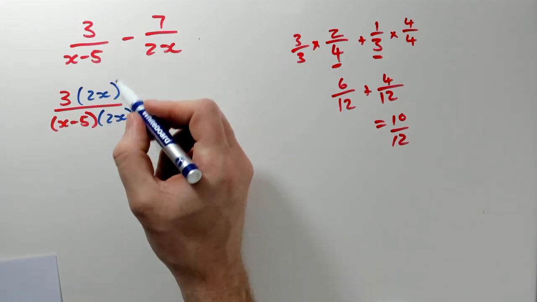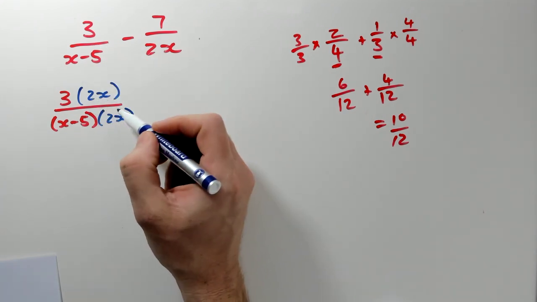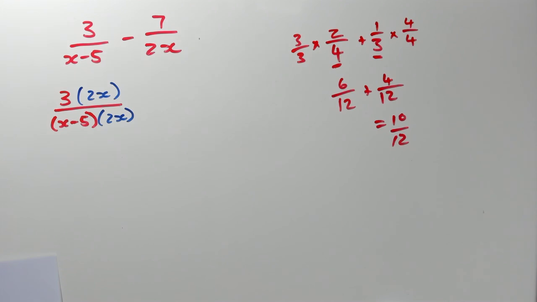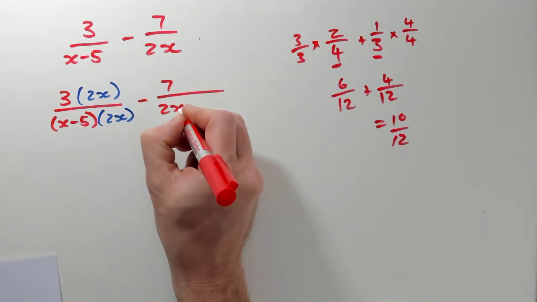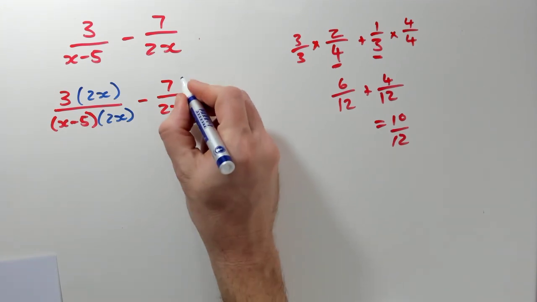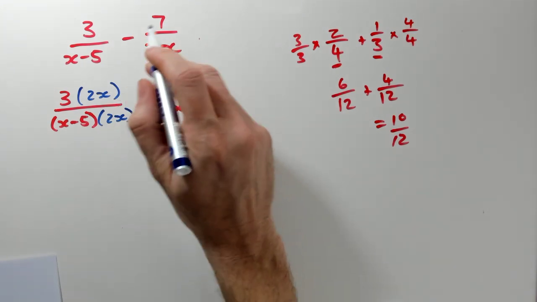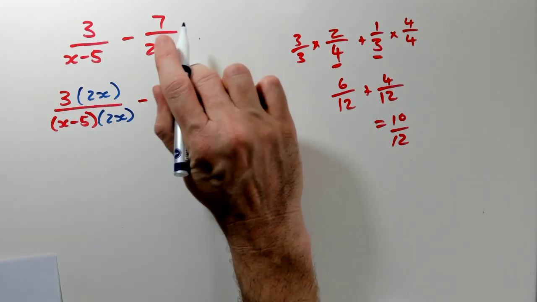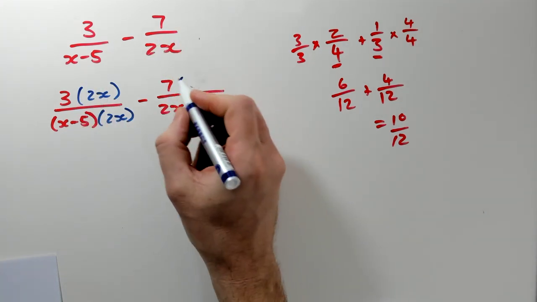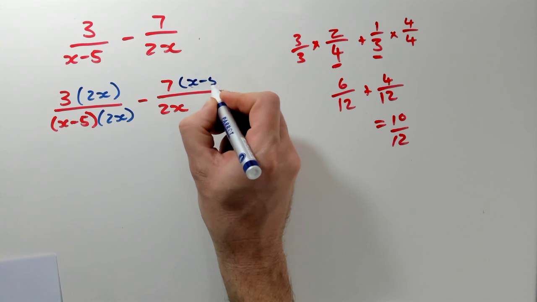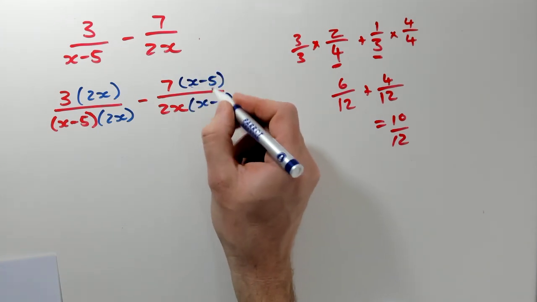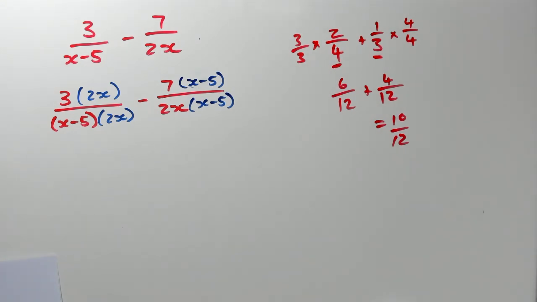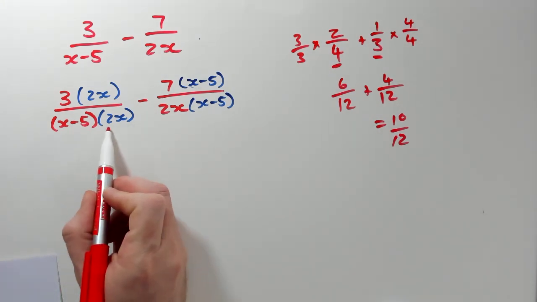So this is exactly the same thing, because 2x over 2x is 1. Then I'm going to do the same on this side and write my fraction with 2x and just color code. Obviously you don't have to color code. In this case I'm multiplying by this denominator, so I'm going to have x minus 5 on this side and x minus 5 top and bottom. So you see those things are the same, and you would note that the denominators are the same.